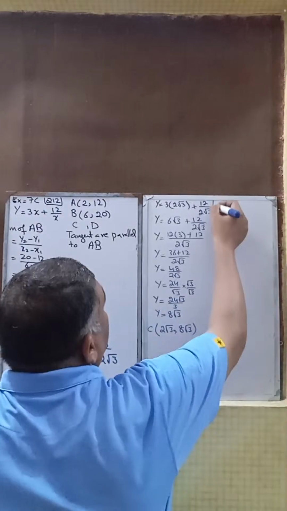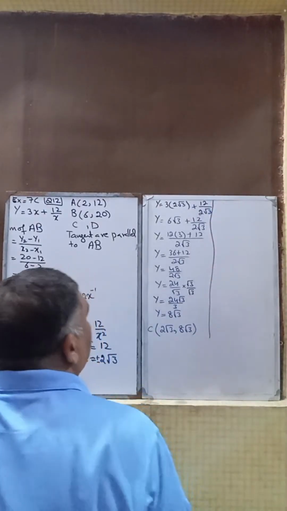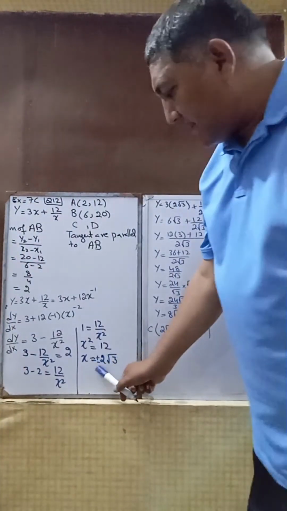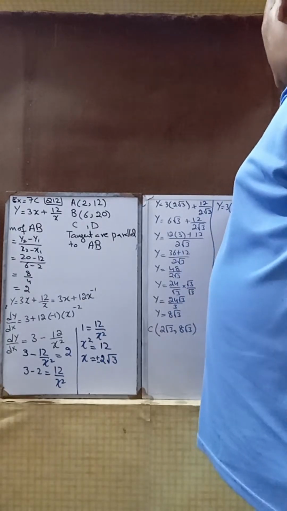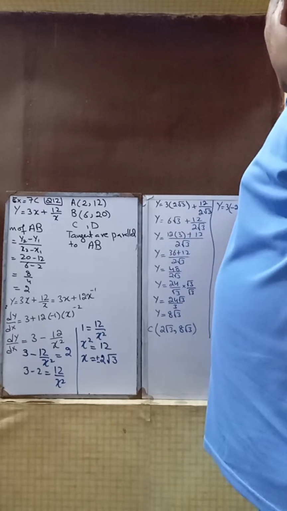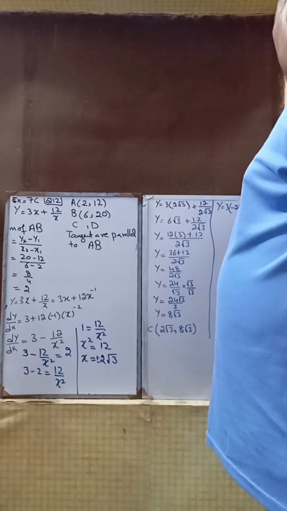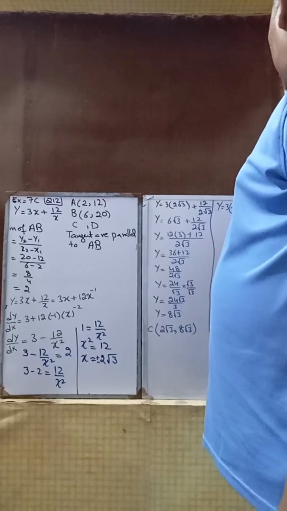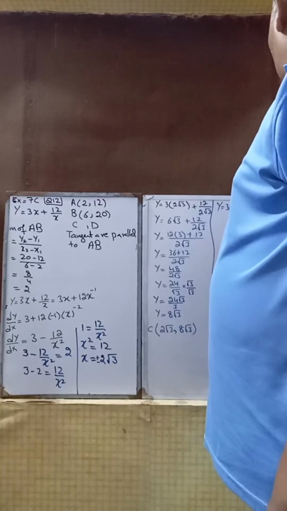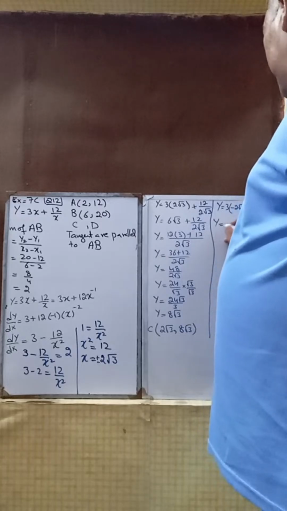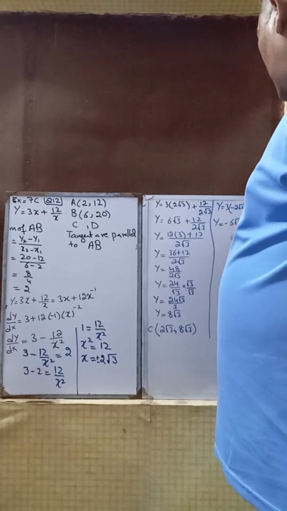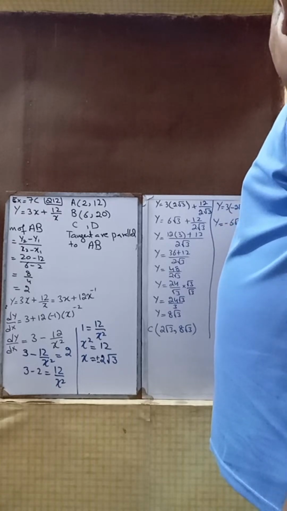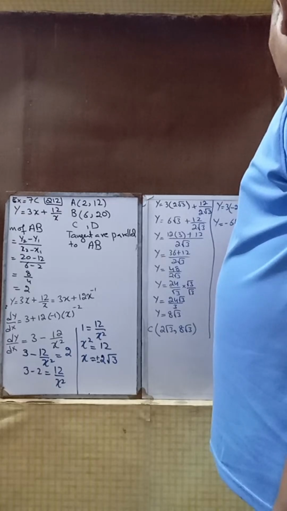Now I will do the same procedure with the negative value. When x is negative, y will be 3 times minus 2√3, plus 12 divided by minus 2√3. So this will become minus 6√3 and minus 12 over 2√3.